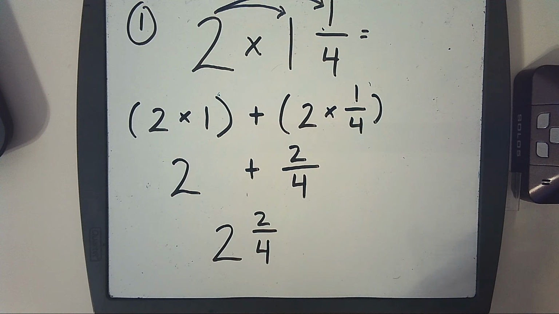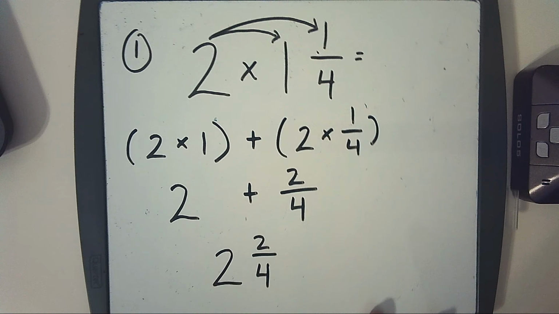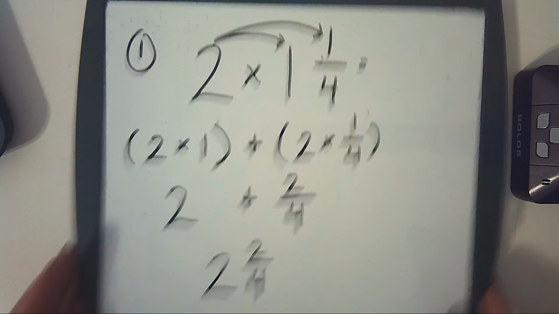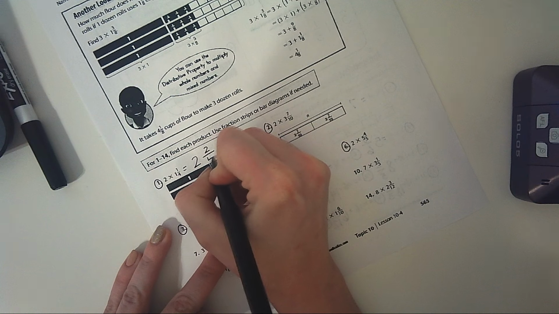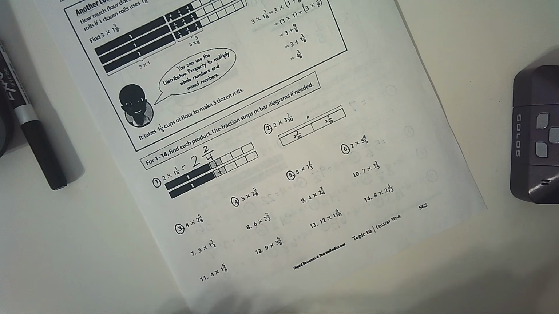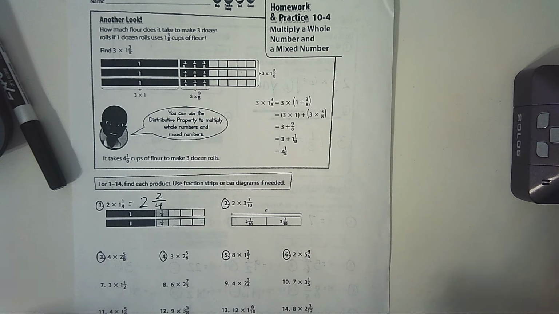So our answer is 2 and 2/4. And I will write that on my paper. And like I said, again, when you turn your work in, we should be seeing all of that work, not just the answer that's on the paper. All right, moving on to number 2.